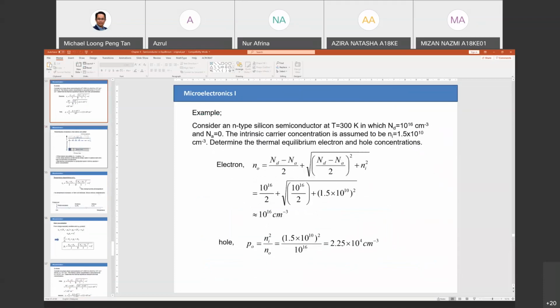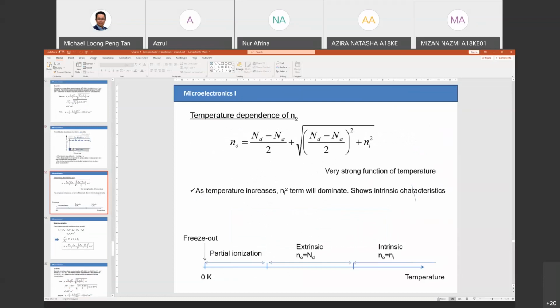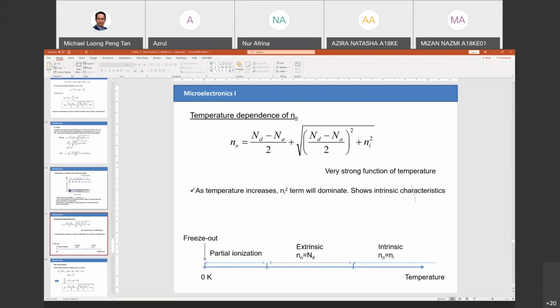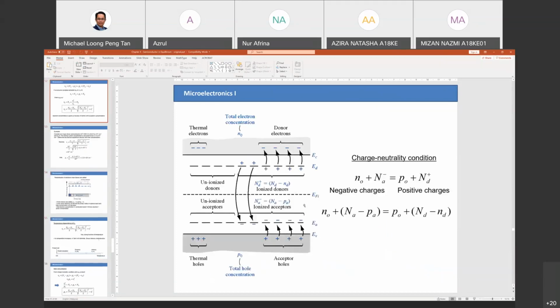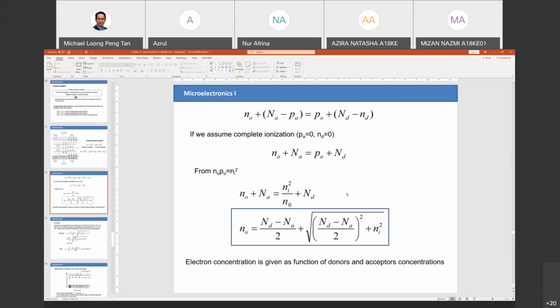So they are trying to show that if it's a compensated semiconductor, then you are going to have a new equation for NO and PO. And how do you get it? That's why they show here, if you assume complete ionization, they are trying to solve it from here.